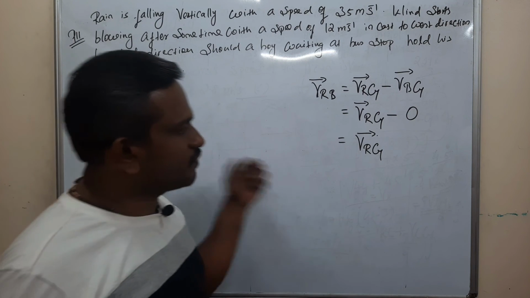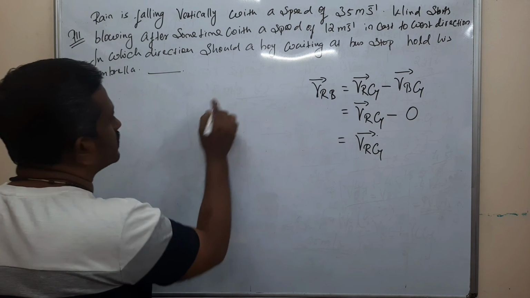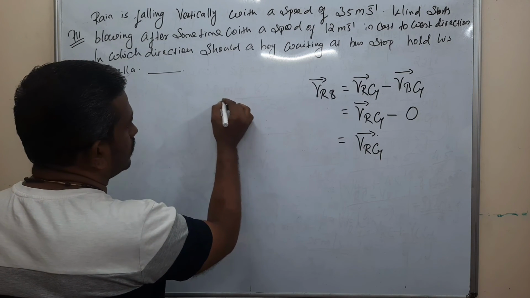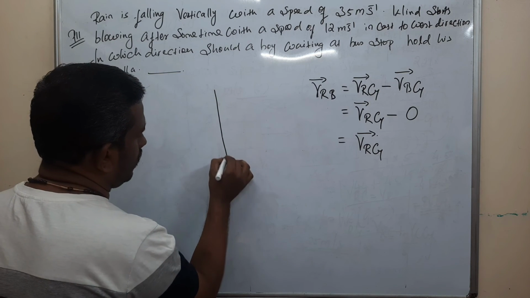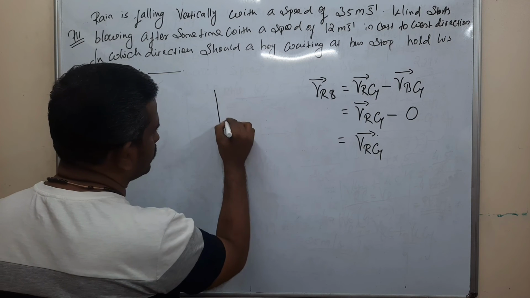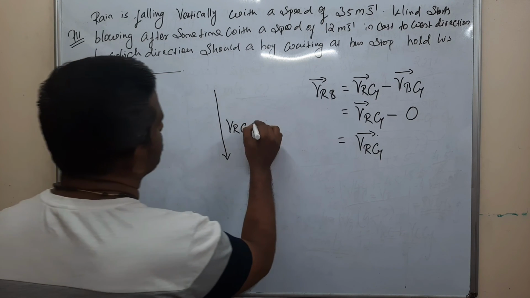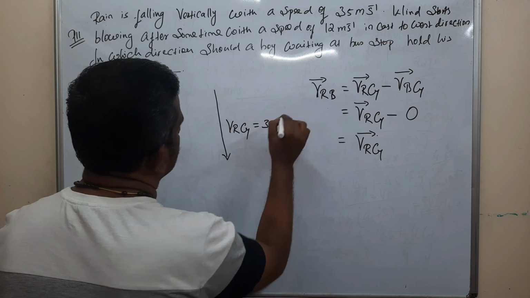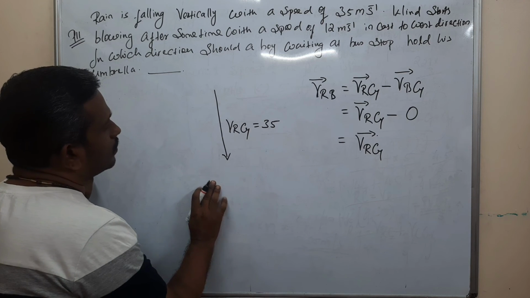Now the wind starts flowing, so we can draw the vector diagram. The velocity of the rain with respect to the ground is 35.